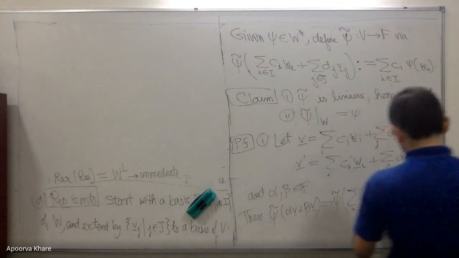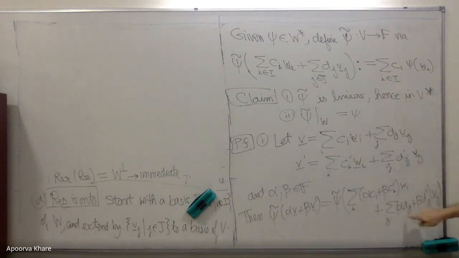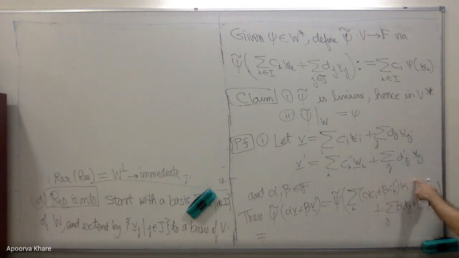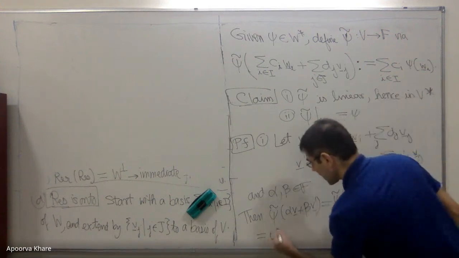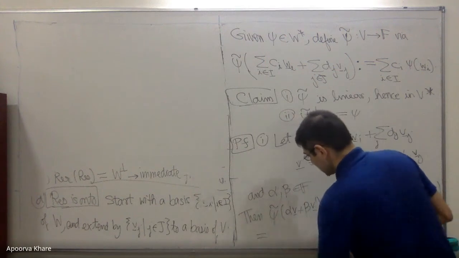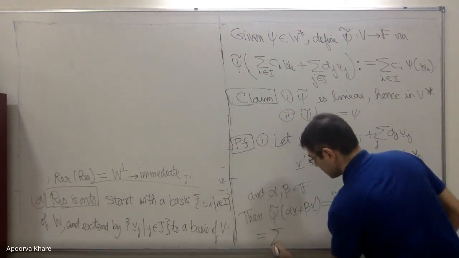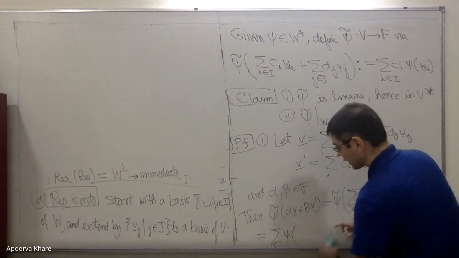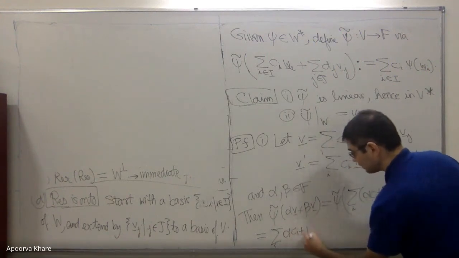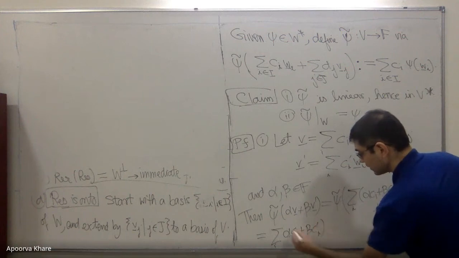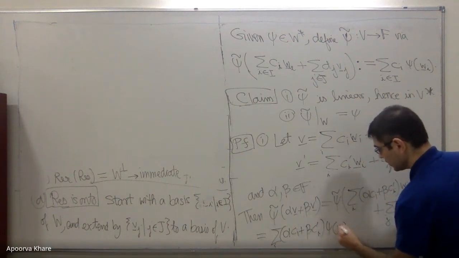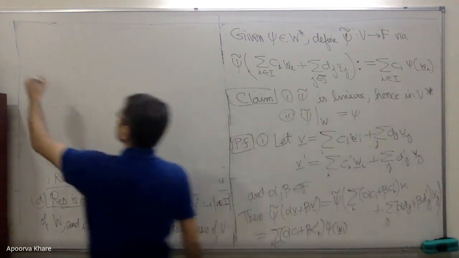Okay, so now, first of all, by the definition, this is equal to, you ignore all of these parts and you just write down the w's. So it is summation over i of psi of, and again, even here the scalar comes out, so alpha c_i plus beta c prime i, psi of w_i. And now I can regroup because these are all sums.